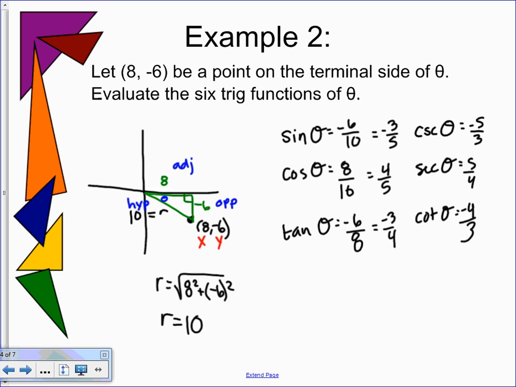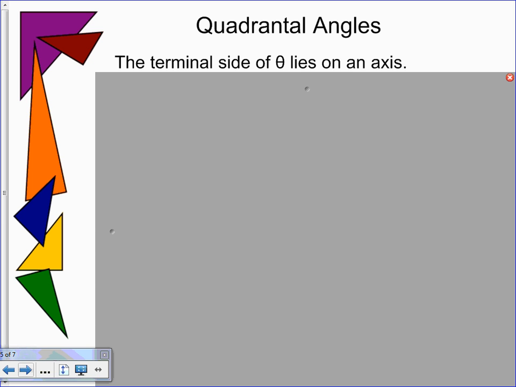The last thing we want to discuss are something called quadrantal angles. We have not yet found the trig ratios for these quadrantal angles yet. We're going to do that today.